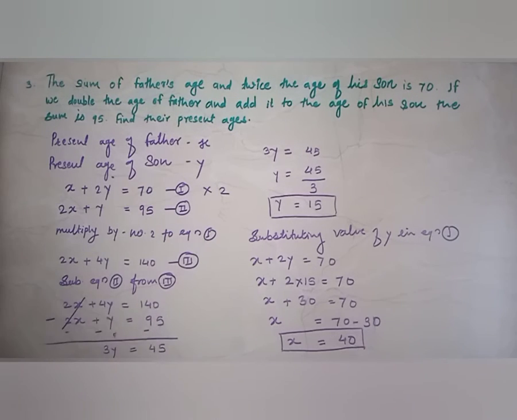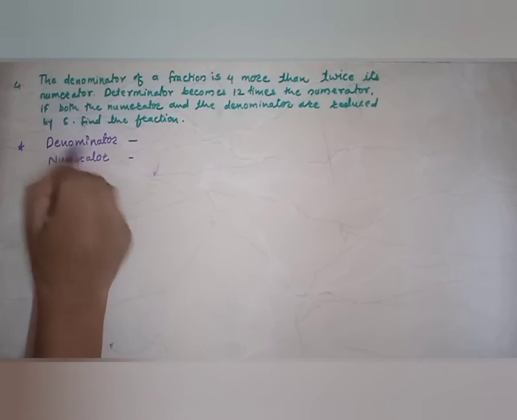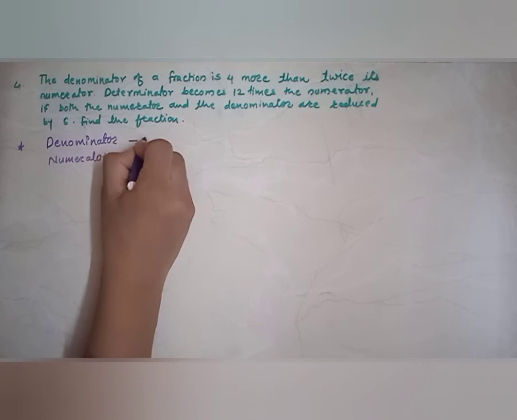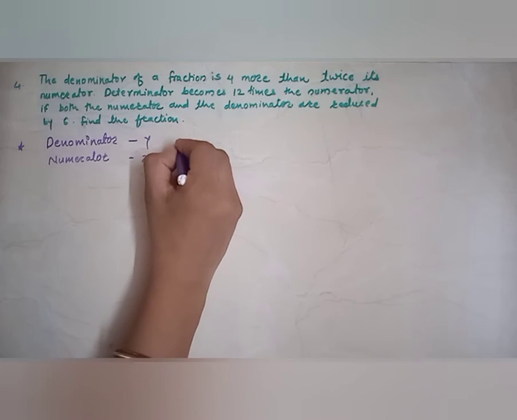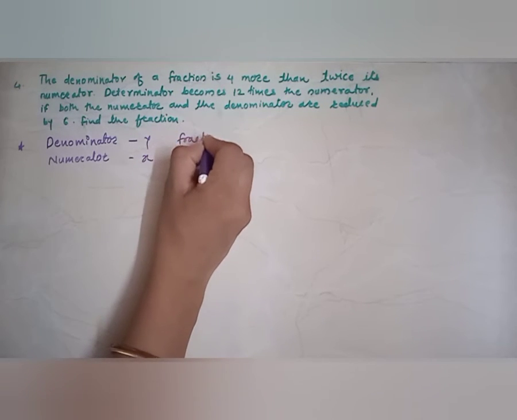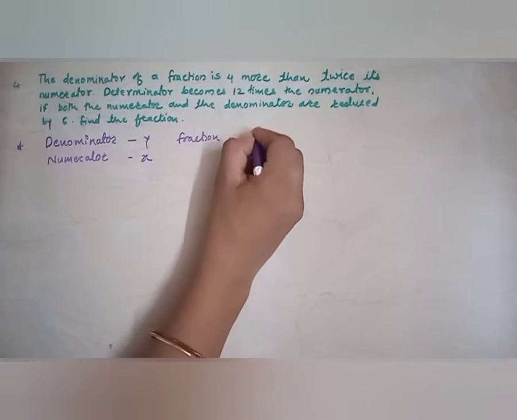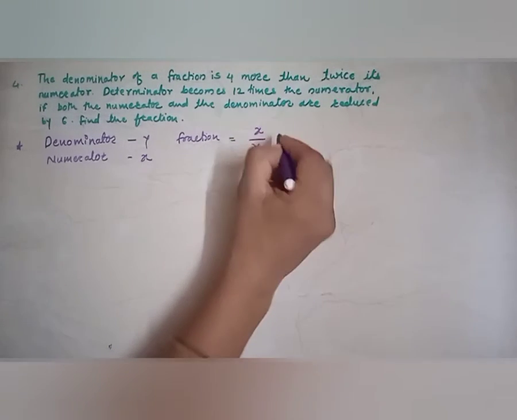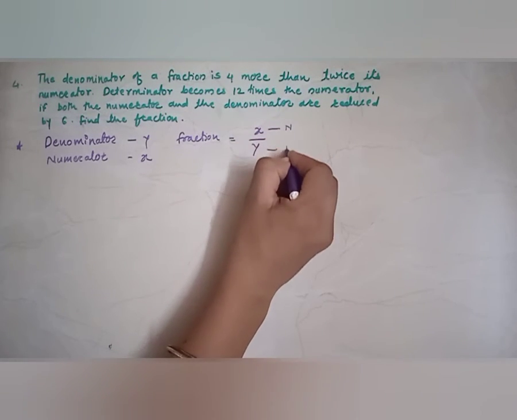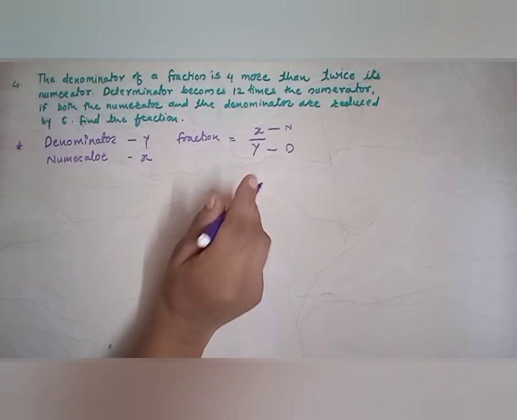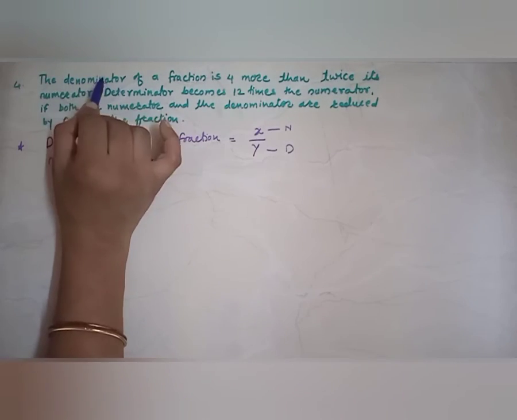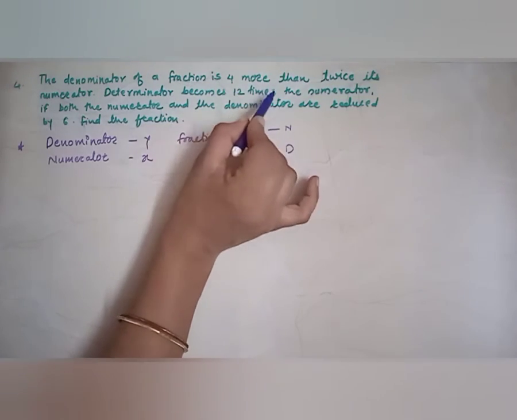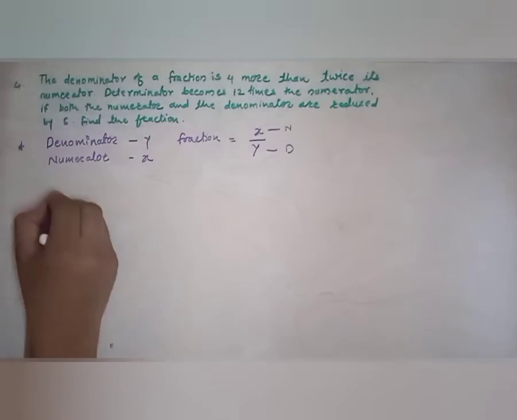Okay, take down the fourth question. In the fourth question we have to find the fraction. So x is the numerator and y is the denominator. The question: the denominator of a fraction is 4 more than twice its numerator.